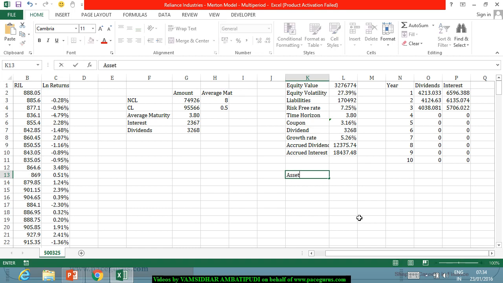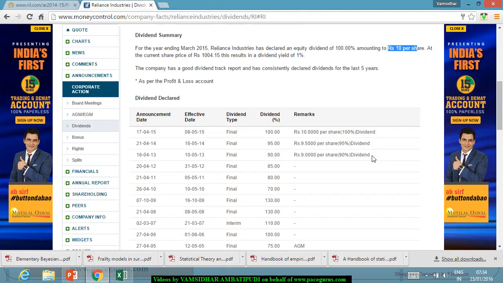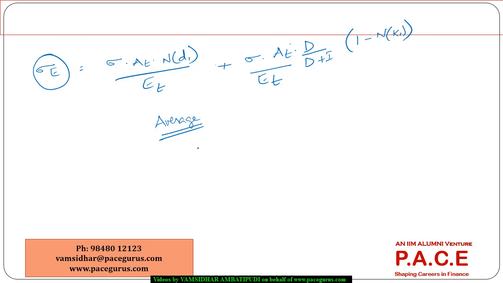Now that I have the equity as well as the liabilities, the process is more or less the same. So for the asset value, initially I'll start off with the equity value plus the liabilities value. That's the starting point. Similarly, the volatility of the asset, I can very well take with that kind of an assumption. We have gone with sigma E times the value of the equity is the value of the asset times the volatility of the asset times ND1.